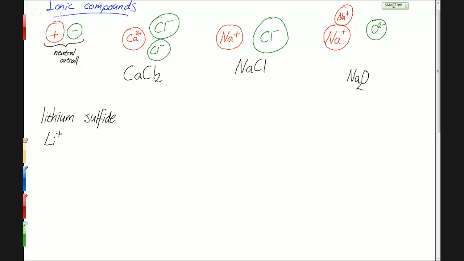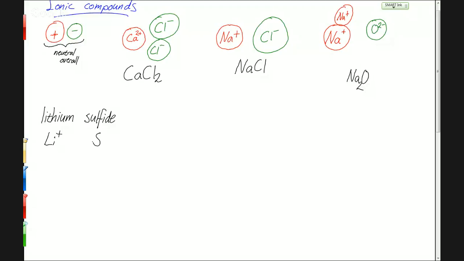All right, what about sulfide? The symbol is S, and that is number 16. So what would you expect the charge on sulfide ion to be? Minus 2?